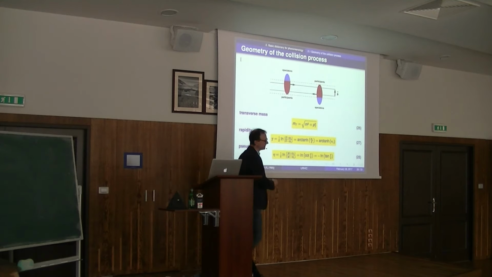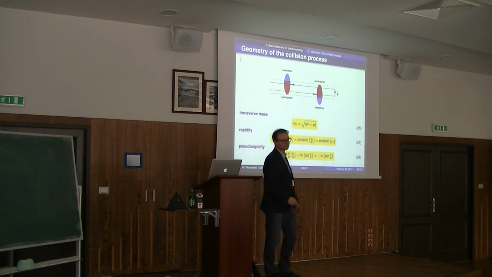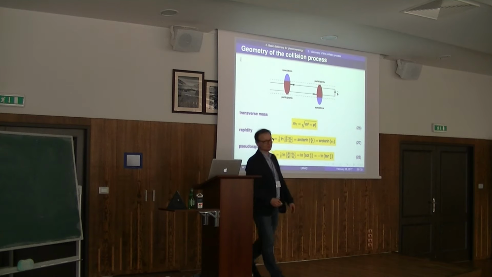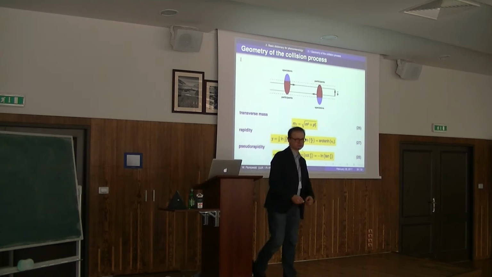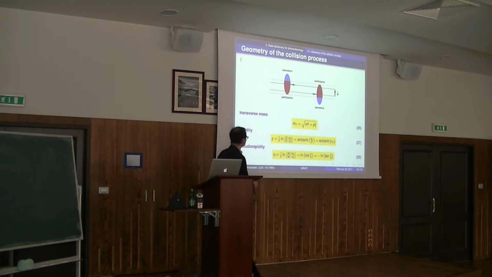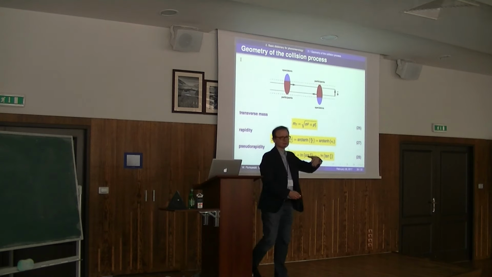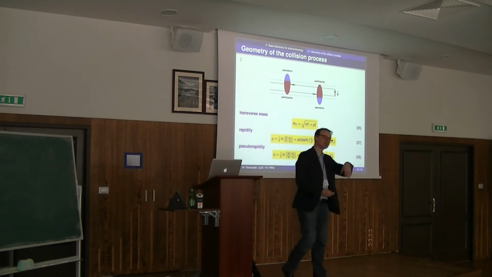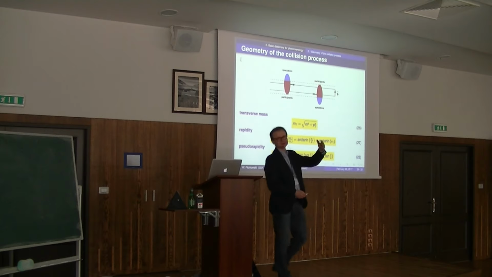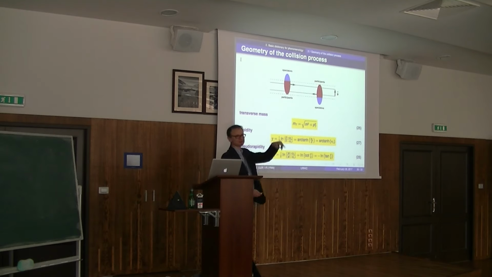So rapidity is defined in this way. You probably know quite well that this variable is additive under Lorentz boosts. If you make subsequent Lorentz boosts along the z-axis, rapidity is additive, like if you make rotations around a fixed axis, the angles are additive.